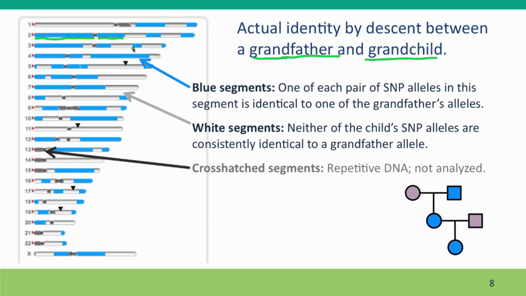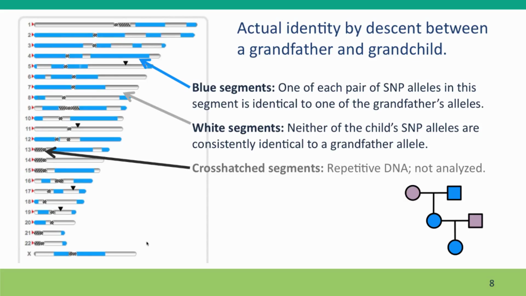And then there are other segments that are not identical. And these will be segments that are derived from the other grandparent, rather than from the grandfather, they're derived from the grandmother. Again, the cross-hatched and gray segments are places where the DNA was not analyzed.